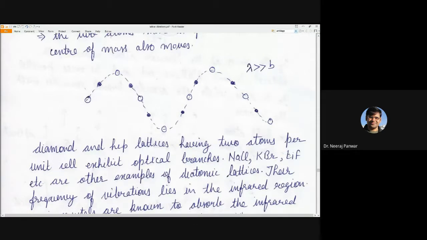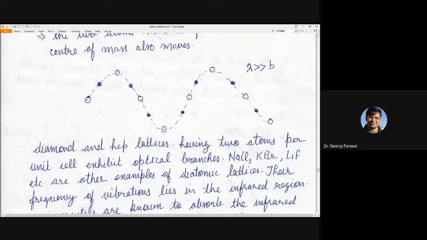Other examples are sodium chloride, potassium bromide, lithium ferrite, lithium fluoride. All these are examples, NaCl, KBr, and LiF. These are the examples of ionic crystals. They have different types of ions, one positive, other negative. But in case of diamond or silicon or germanium, there are the same type of atoms.